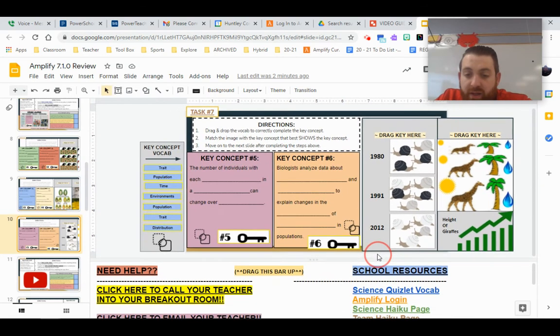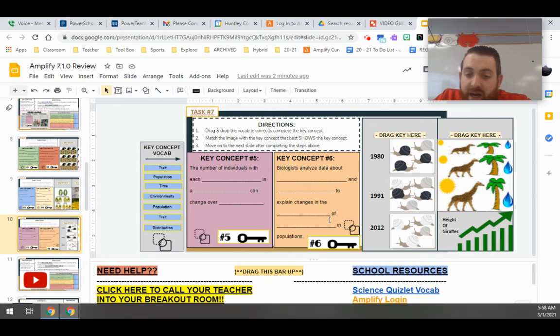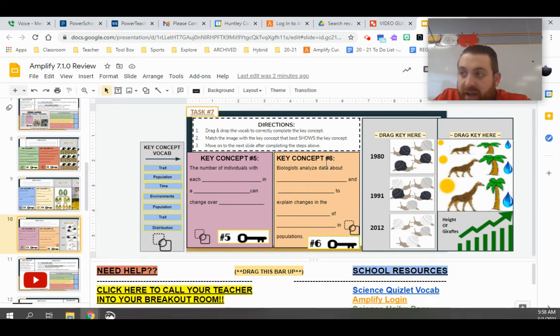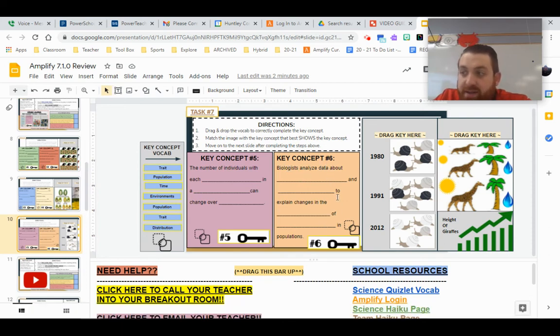And more importantly, if you dragged number 6 above, you're not necessarily wrong. But when we look at this key concept, this idea of analyzing the population, analyzing the environment, understanding the distribution of traits, all of those ideas are best shown here because it has a more dynamic and complex diagram, which has all those big ideas.